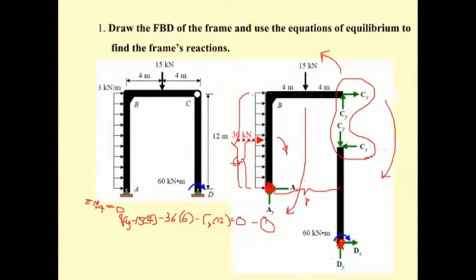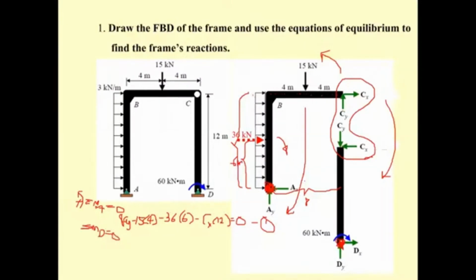And then after that you take moment at D again. Sorry, I forgot to put this. You have the summation of the moment of what? Of point D, and that is equal to 0.